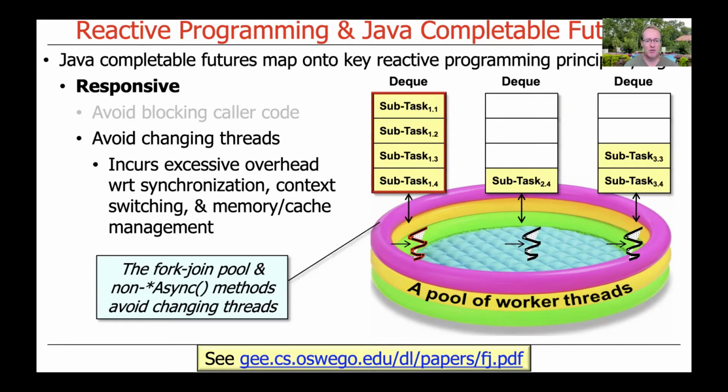So you get quite a bit of control over this. The underlying Java fork join pool also tries to be very clever about not changing threads unnecessarily. It tries as much as possible to do run to completion in order to get the computations to finish, and only does thread changing when things like work stealing are put into effect.